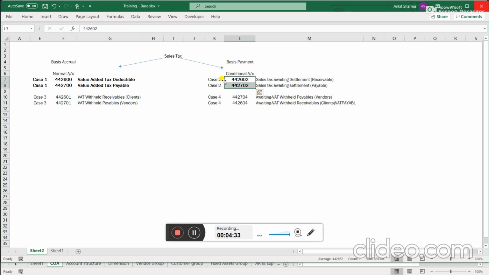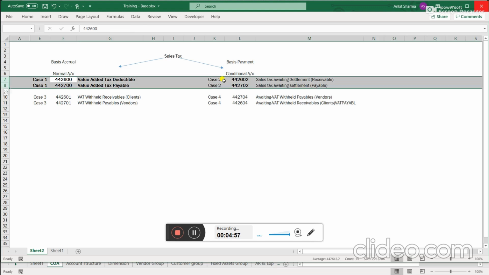When you receive the payment or make the payment, the system will automatically transfer that particular tax amount on that transaction to the normal tax. Then whatever is the balance received from the conditional account goes into the normal account only when they have been paid. So this is how the normal VAT and the conditional VAT work.